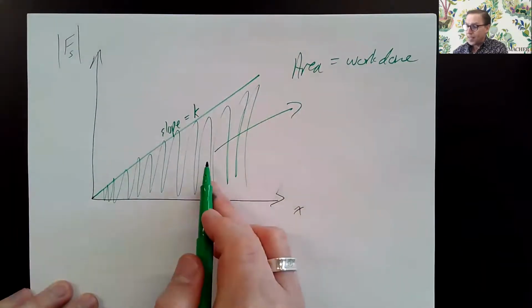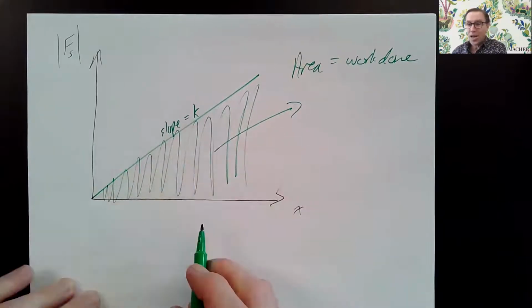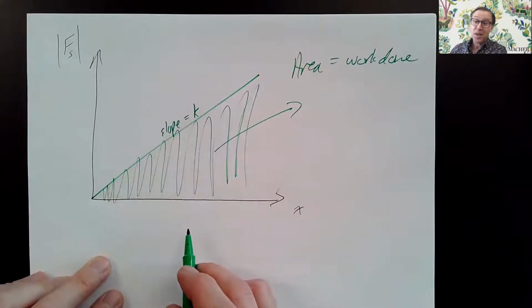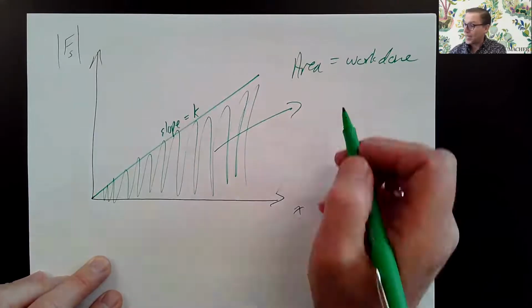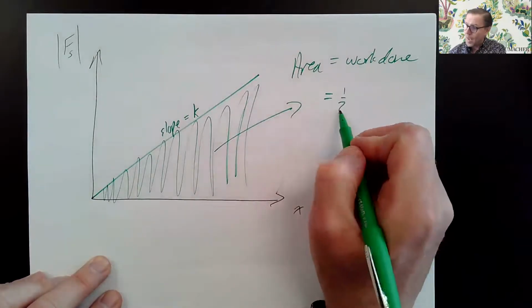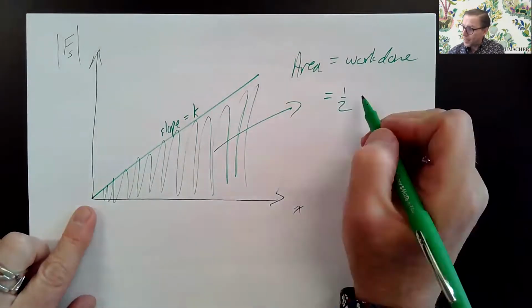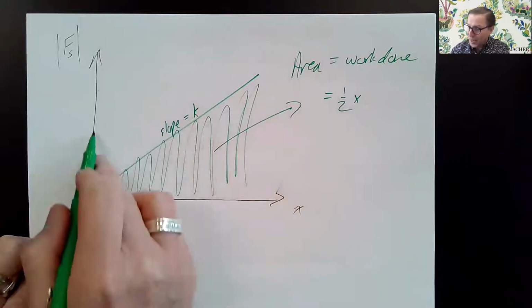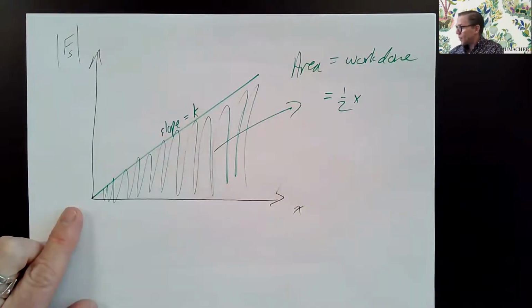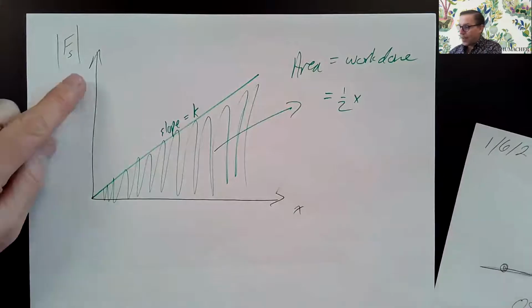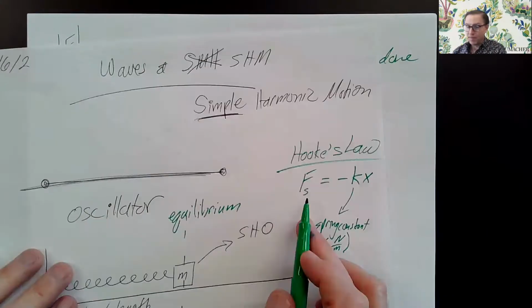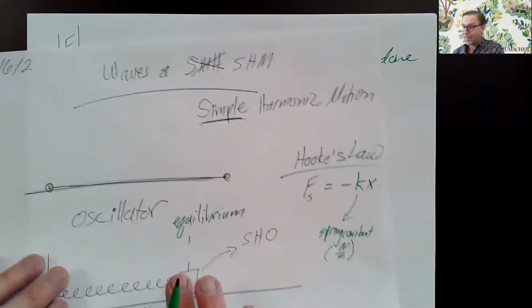And of course, this shape is a triangle. And the area of a triangle is 1/2 base times height. Here's the base, x, and the height is F, or kx.